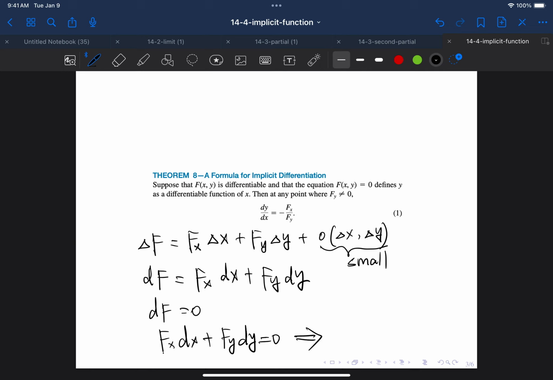This eventually gives, if we rearrange two terms, dy/dx is negative fx over fy. And we want to impose a condition for the denominator not being 0.